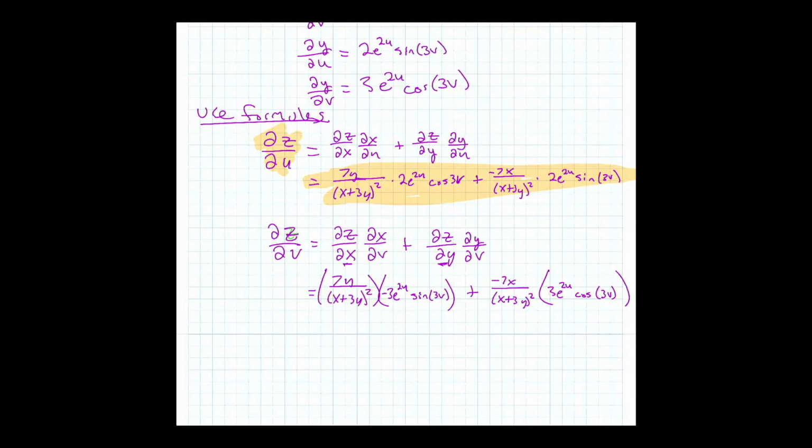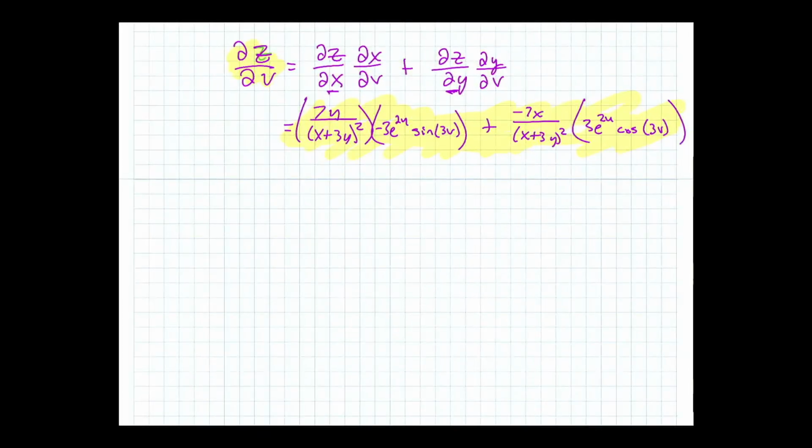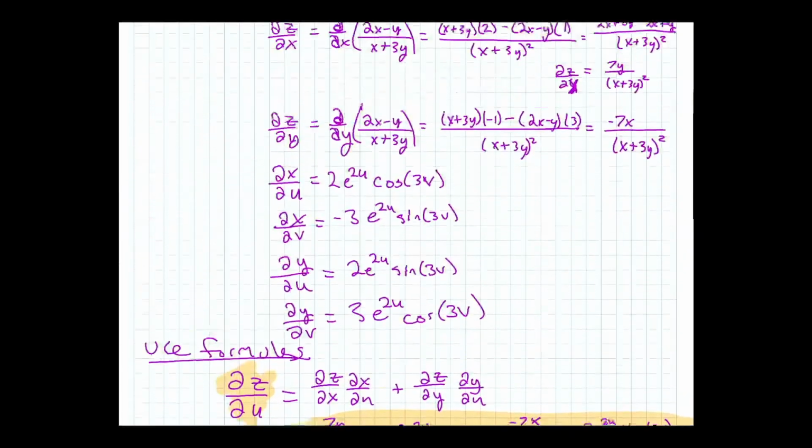So technically we've done the derivatives, but keep in mind that you shouldn't leave it this way, because you should have everything in terms of the two independent variables u and v. So you should do this like a third step here. Sub in x equals, what was the x?